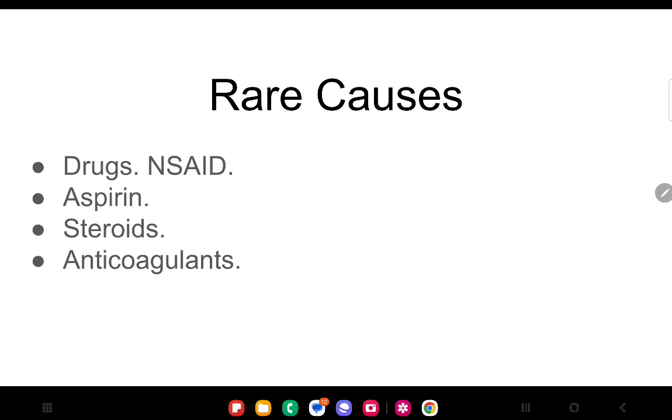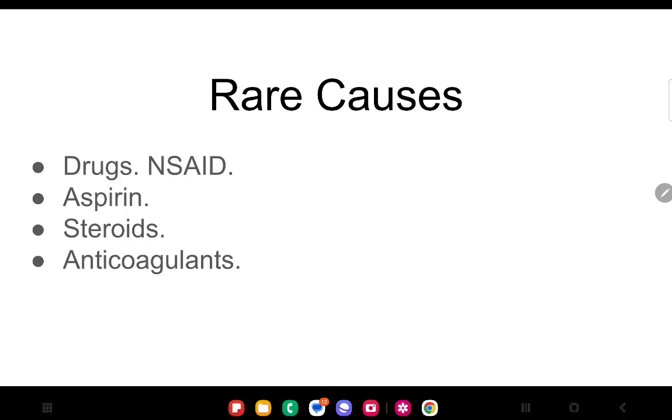Other rarer causes are drugs, and this is why it is important in the history of upper GIT bleeding to take a good history of drugs. The patient may be using non-steroidal anti-inflammatory drugs for joint disease, back pain, or other conditions.